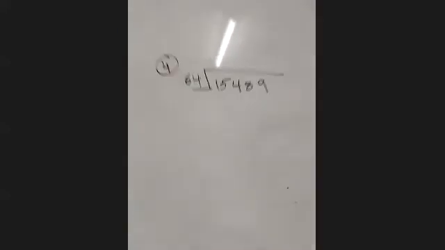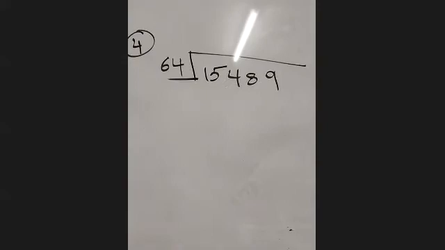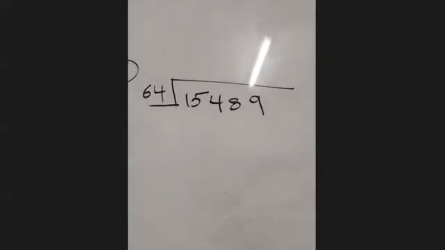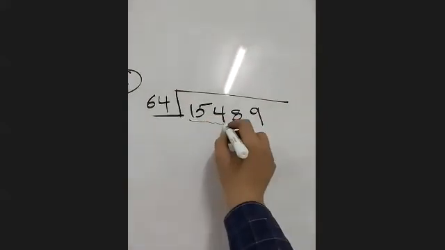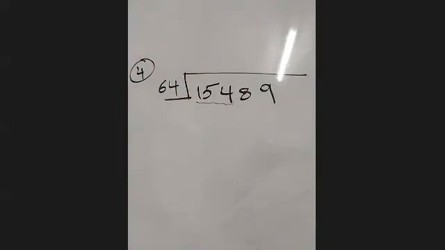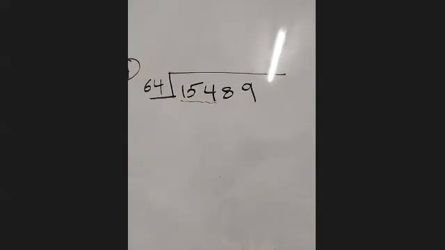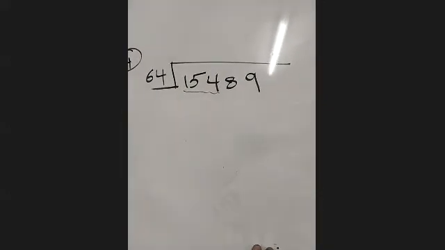1 is less than 64, so we see the 15, and 15 is also less, so we use the 4. 154 divided by 64. Try 2.